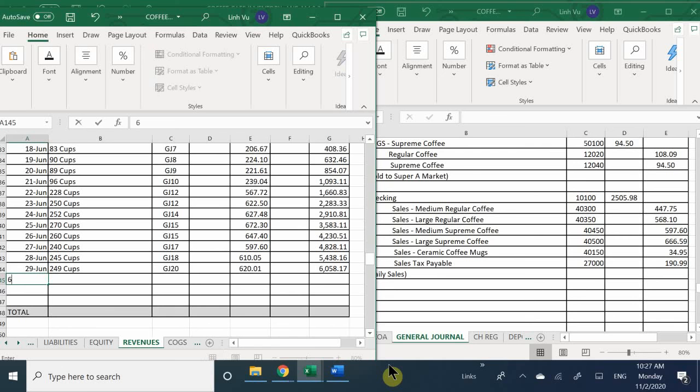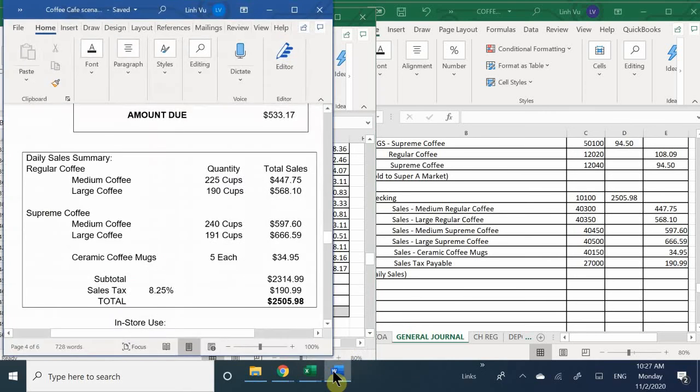A large supreme coffee. Not large. We didn't do the medium yet, right? No, we didn't do the medium yet. Okay, medium supreme coffee for 597.60. But how many cups did I sell?